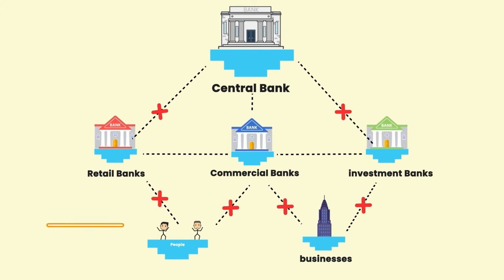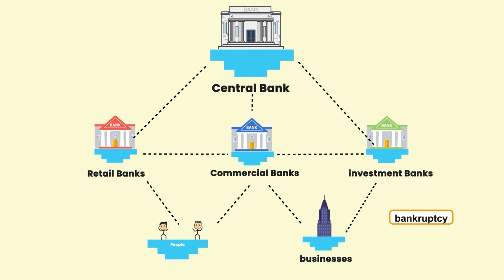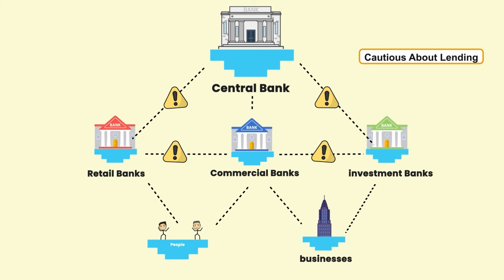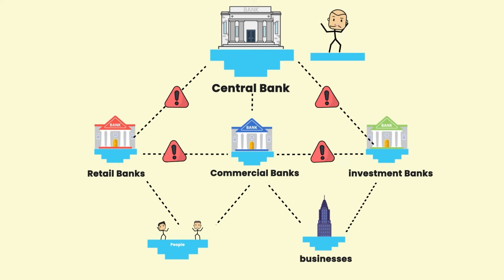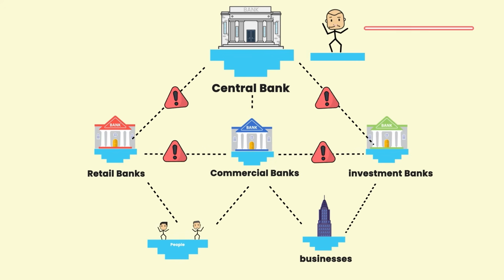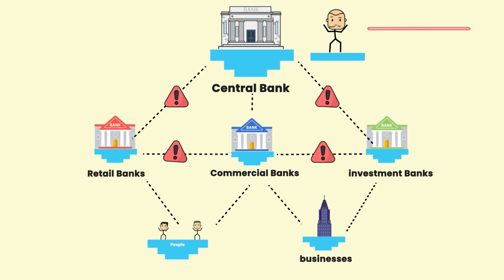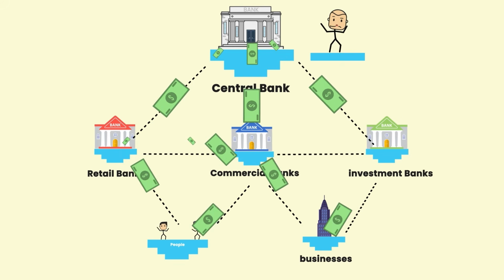Companies suffer from reduced sales, potentially leading to bankruptcy. Similarly, banks become cautious about lending to each other, fearing they won't be repaid. Fear slows down the economy, and central banks dislike that scenario. To fix this slowdown, central banks inject more money into the economy.